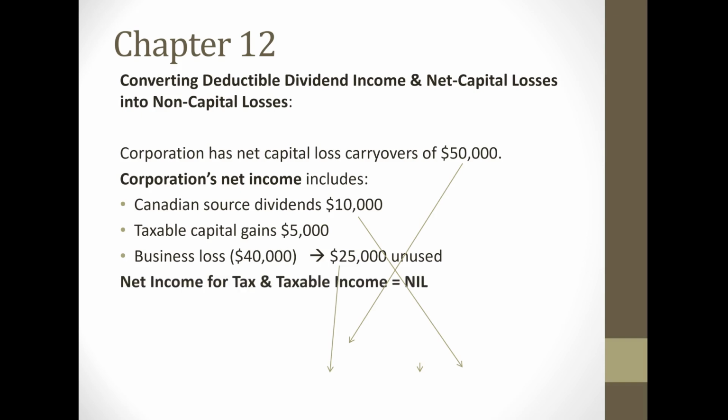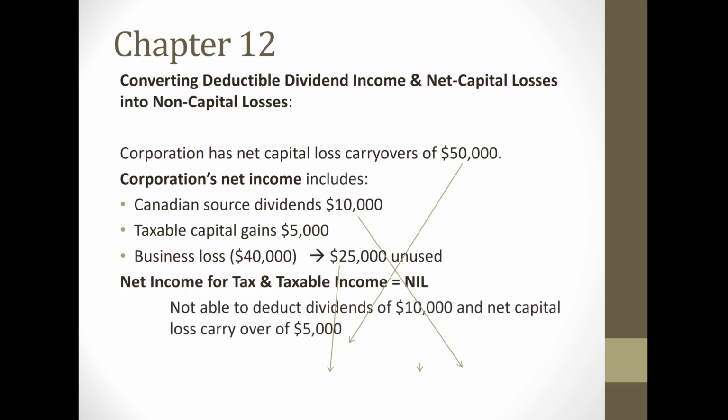So their taxable income and their net income for tax is 0. Now let's take a look at what they were not allowed to deduct. They were not allowed to deduct the dividends of 10,000 to arrive at taxable income, and they were not allowed to deduct the net capital loss carryover of 5,000 to offset the taxable capital gain to get to taxable income because their net income was already 0.